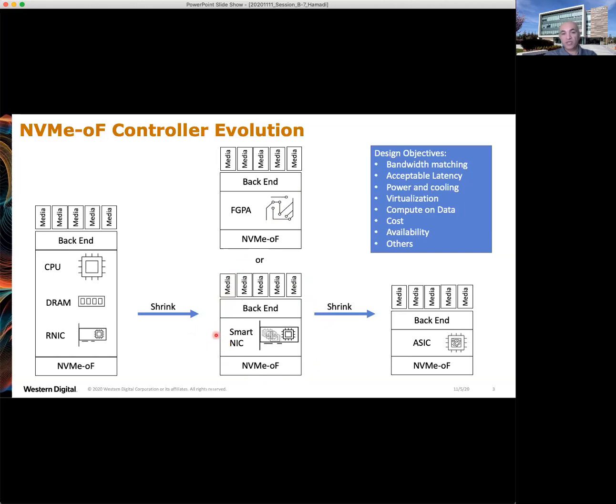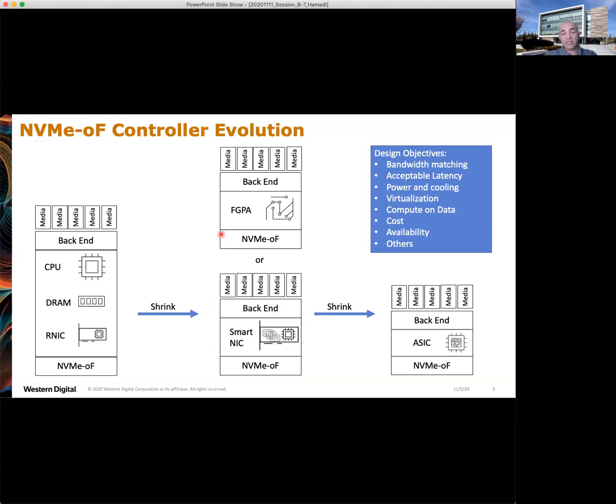So you've moved on from mostly x86 based servers into perhaps ARM based servers with some amount of DRAM, a front end consisting of an RNIC, all within one product with some varying amount of offloads. So this constituted one path.